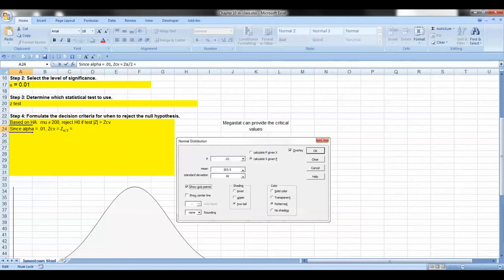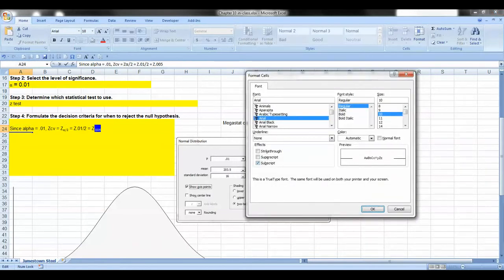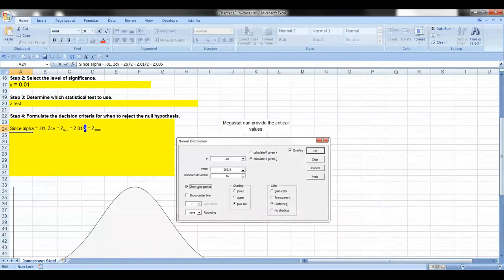And that is equal to a z value of 0.01 divided by 2, which is equal to a z value of 0.005. And again, these are all subscripts. I'll reduce them down so it looks a little bit clearer.